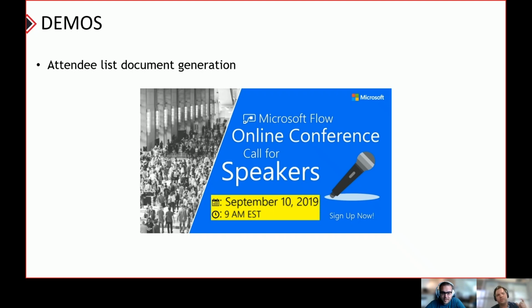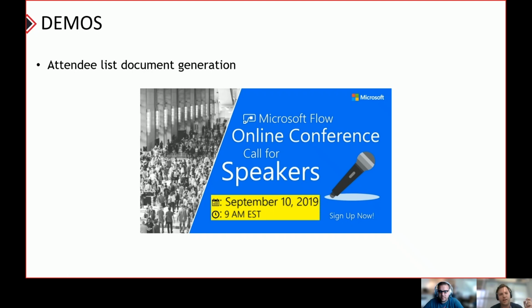Perfect. I like it. I want to generate an attendee list from a SharePoint list. That's what I'm going to do. So I've created the SharePoint list with some items in there. And of course, I didn't create it yet live.